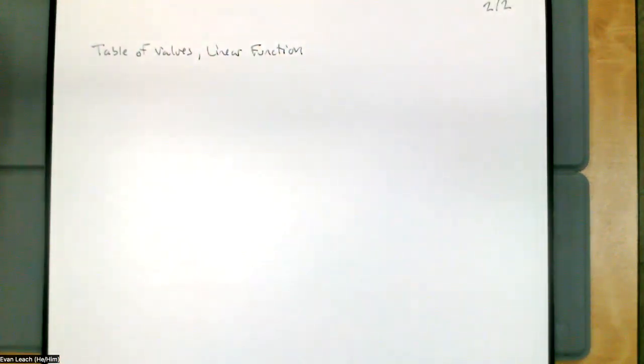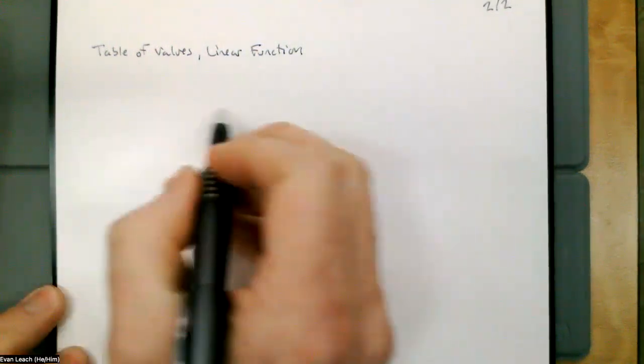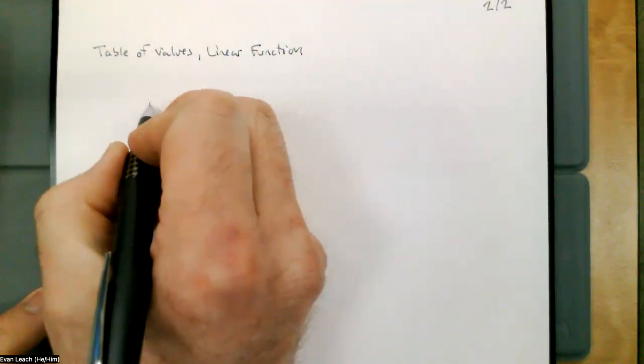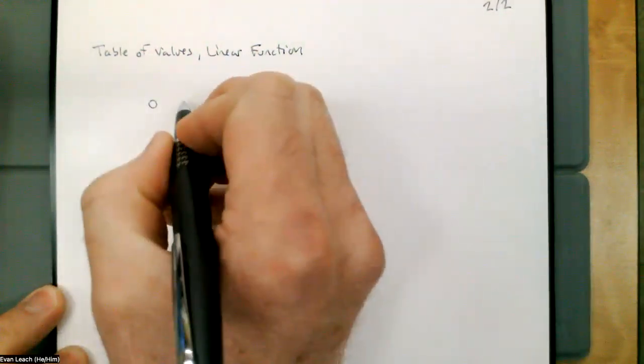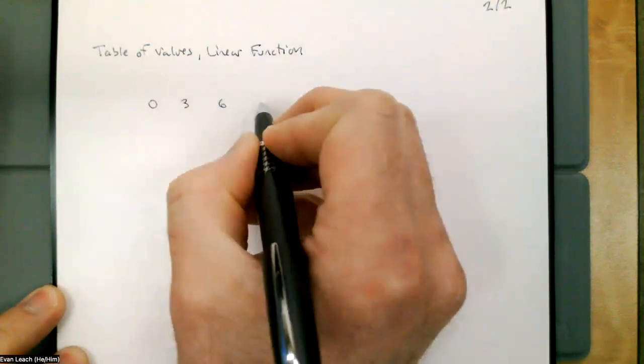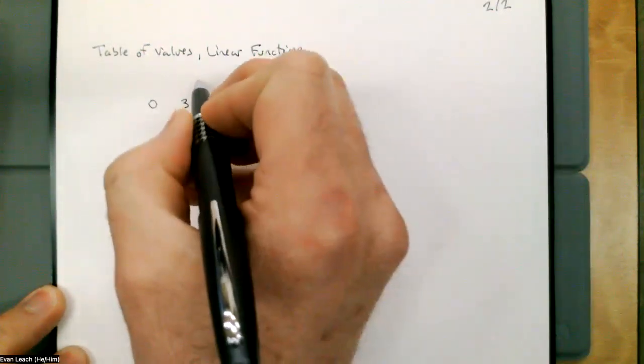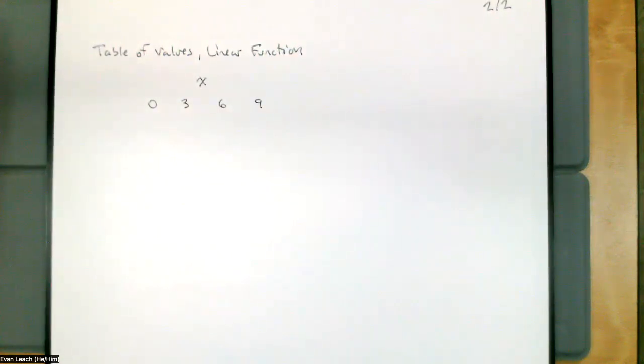When we make a table of values for a function of two variables, I'm going to need two dimensions for the x and the y. I'm going to go horizontal on x's and vertical on y's, or the other way around. We'll have some x values, and then some y values because I need to spread this out.